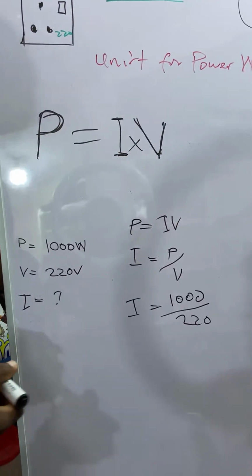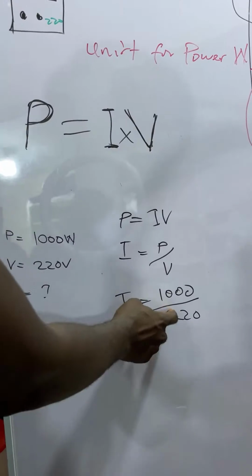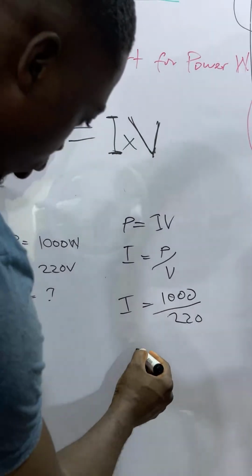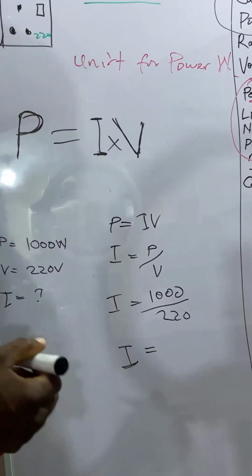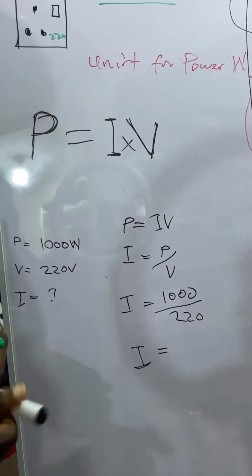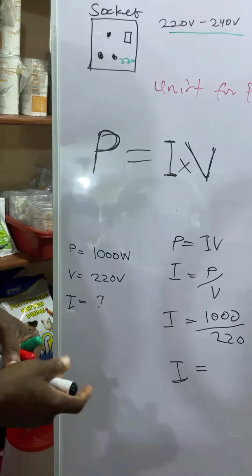If you do the mathematics, can someone do it for us in the comment section? What is the current that this pulls? Has anyone answered? This one is mental.